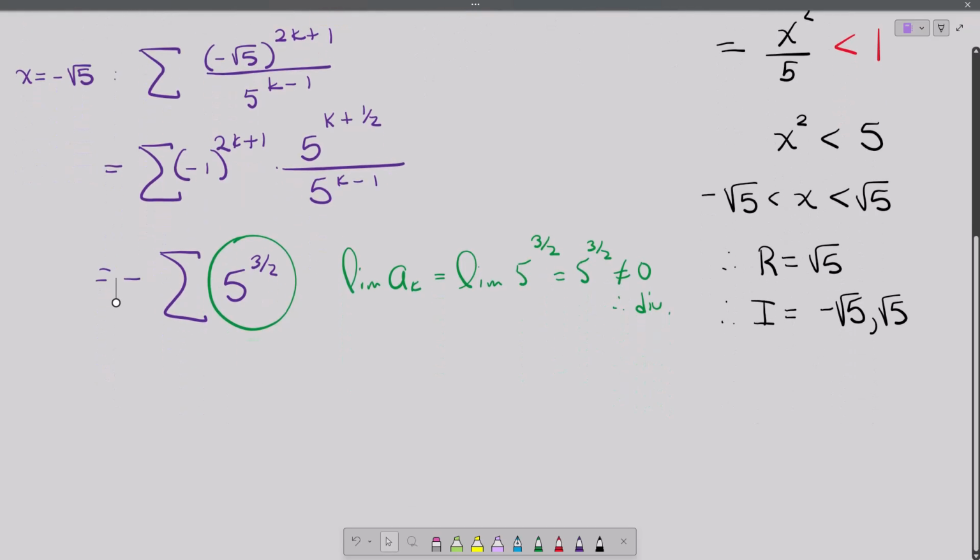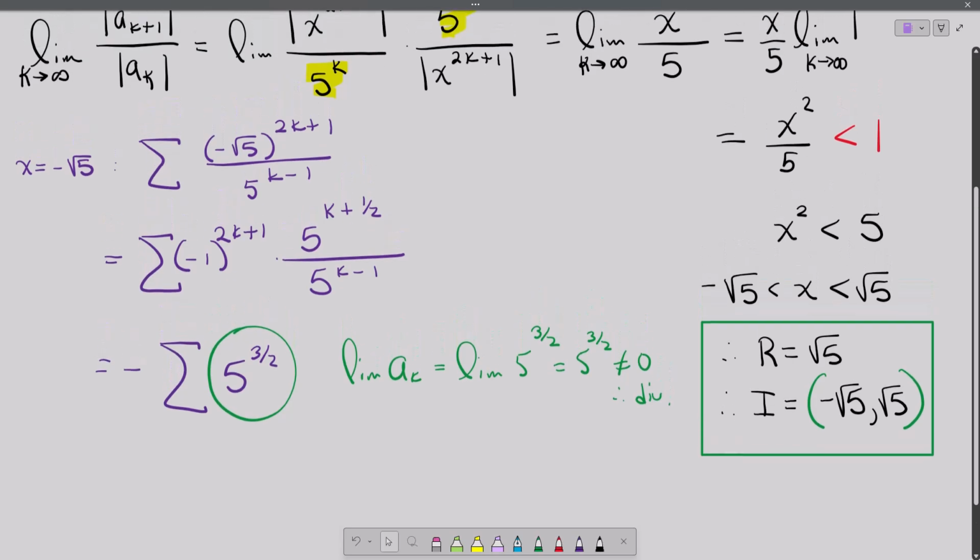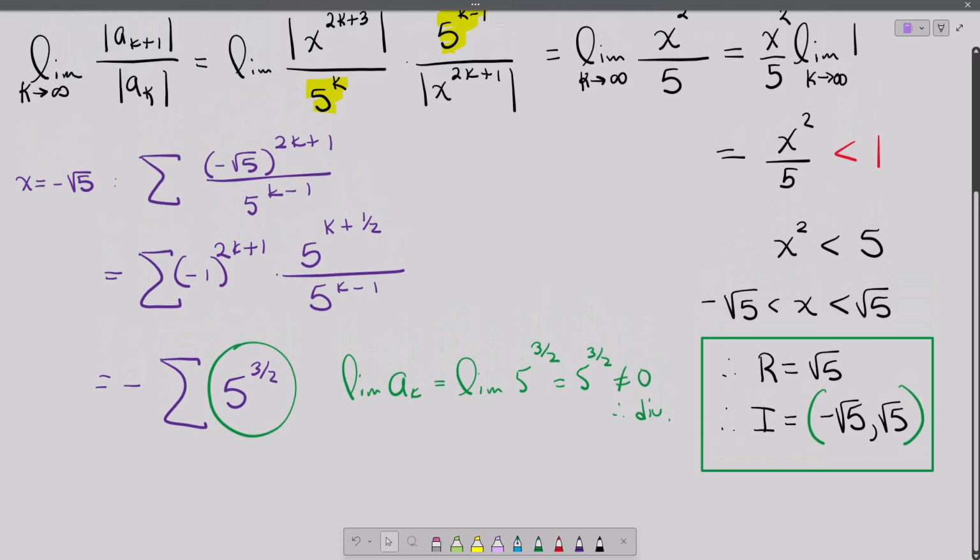So our interval of convergence is going to be open on both sides. We aren't going to include the endpoints. All right, so I'll clean this one up. I'll write down the other endpoint there, and then I'll make sure that all the answers are in there for the ones that we didn't get to.